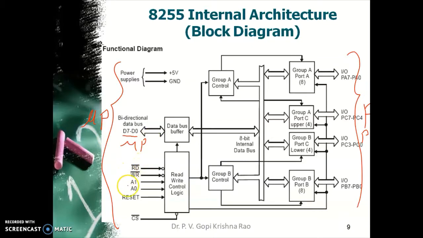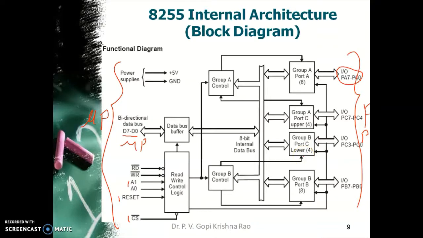Read, write, address lines, reset signal, chip select signal are all connected to the microprocessor. Then the port lines, port A, port B and port C are connected to the respective peripherals. So maybe it could be switches, it could be a display, it could be a keyboard, it could be a joystick, any of the peripheral devices which is compatible with us.